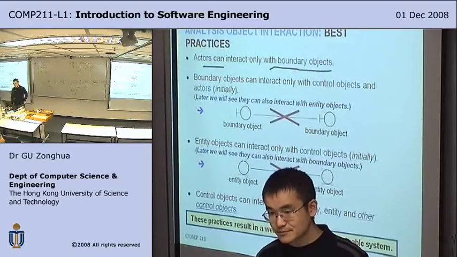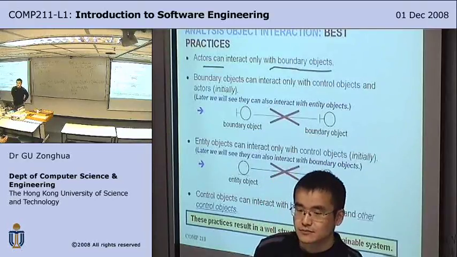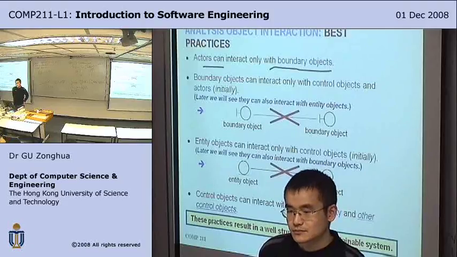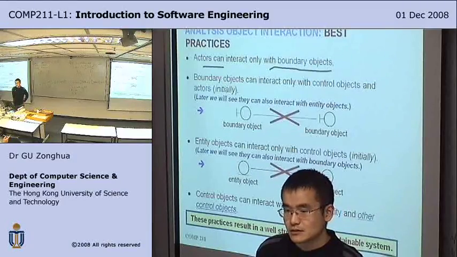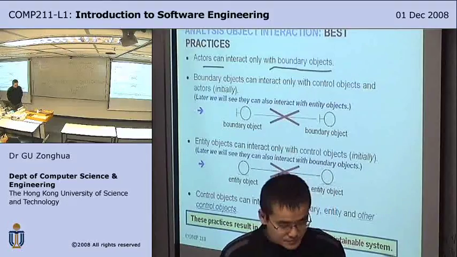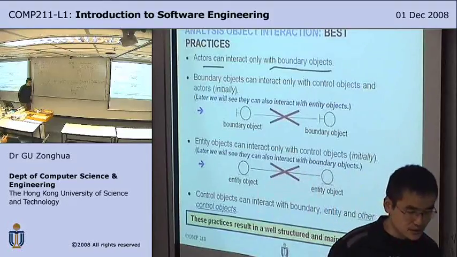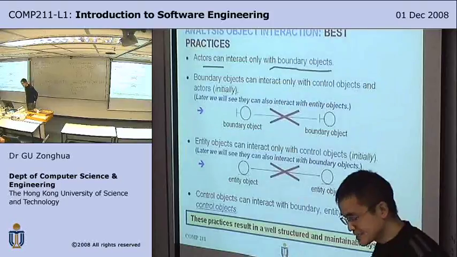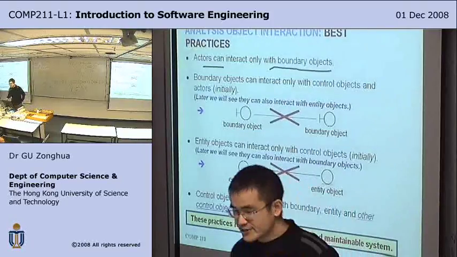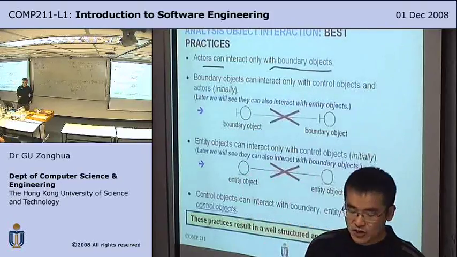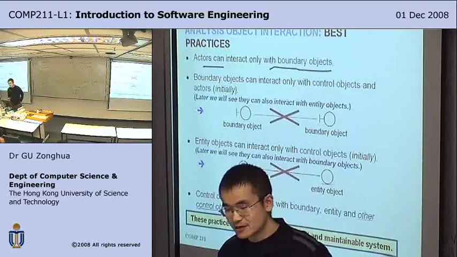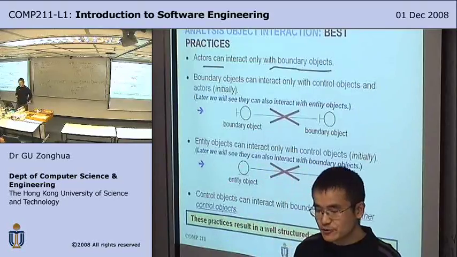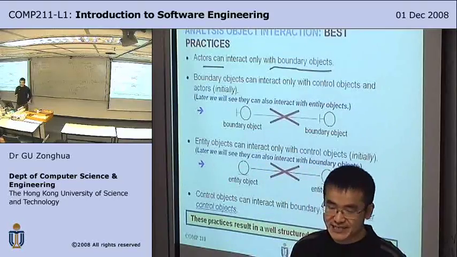In a single actor and use case pair, will there be cases that have two boundary classes? It seems that there's always only one single boundary class. Yeah. As we discussed, initially you always assign one boundary class for each actor use case pair, but later you can refine it into multiple ones if you find it necessary.